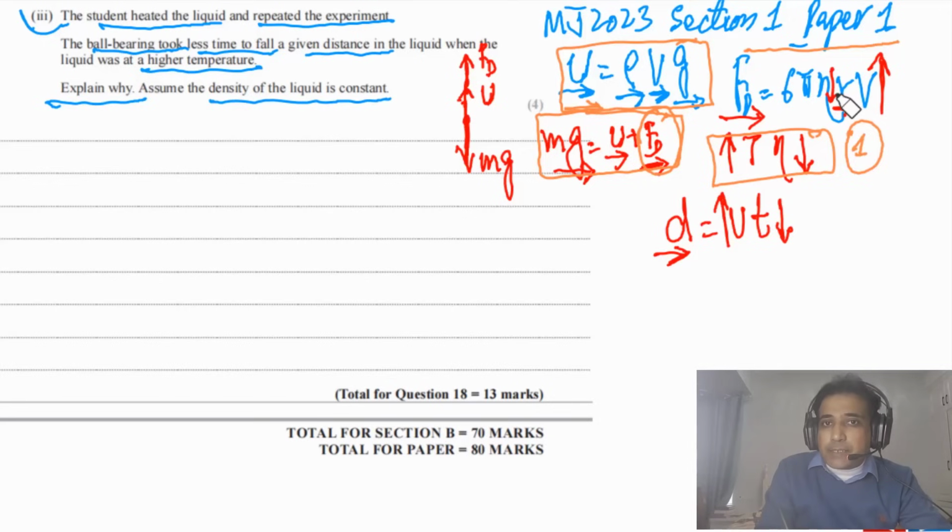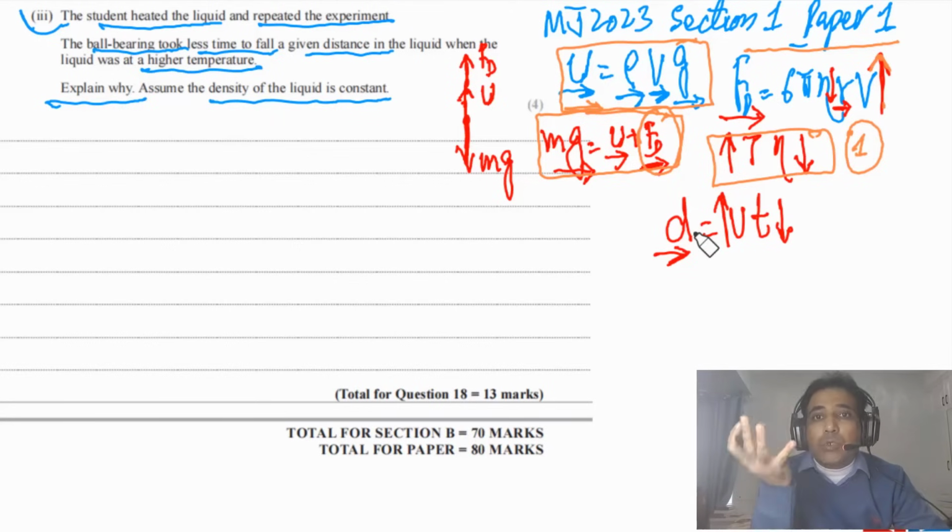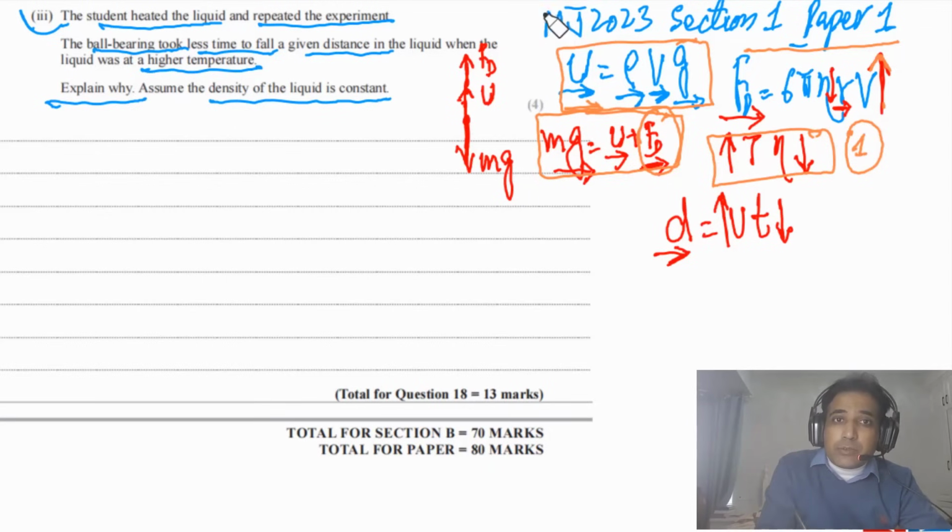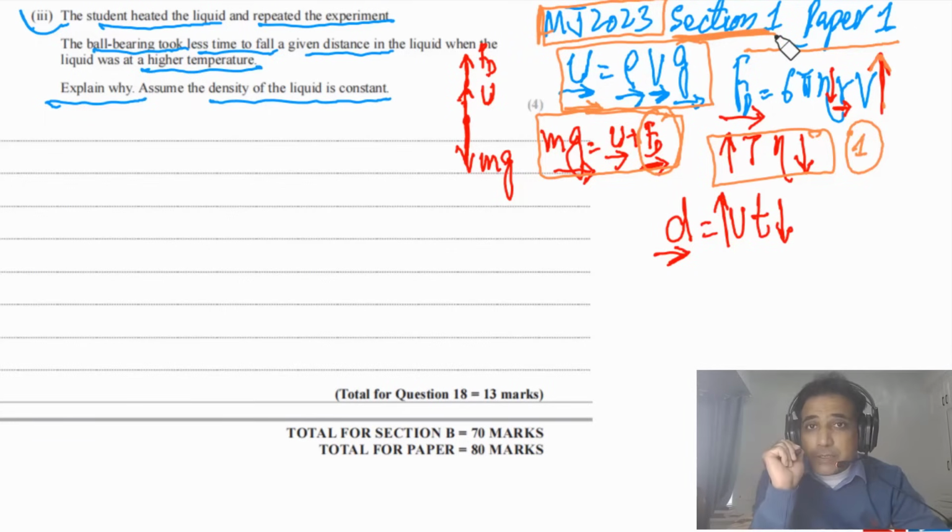Then we can say as viscosity goes down, the velocity has to increase, speed has to increase. As speed has increased, the time taken to cover the same distance will be shorter. So these are the points you need to include in your answer. You can also check this paper and look at the question again in section 1. I hope this one is clear to you.